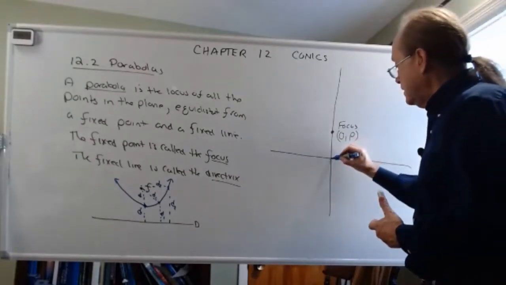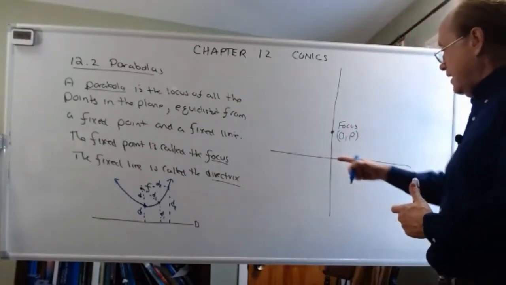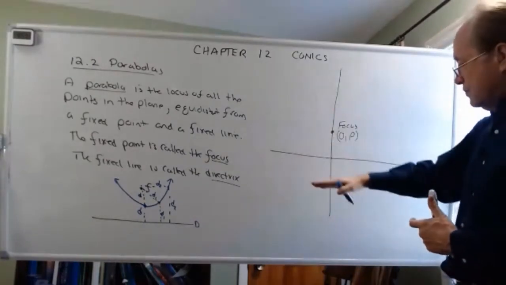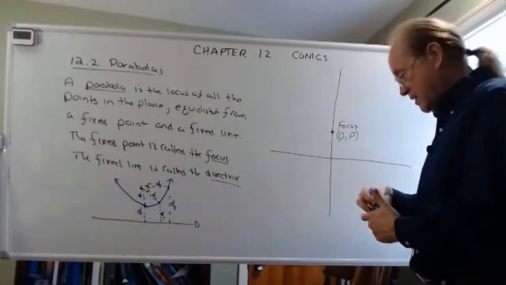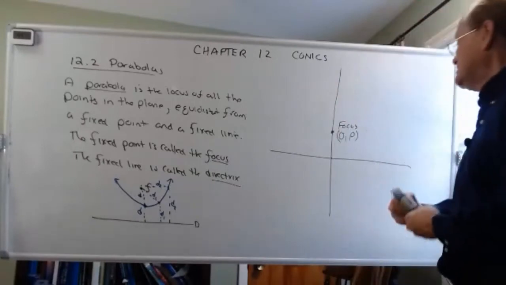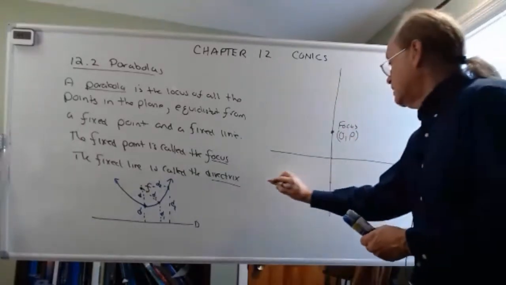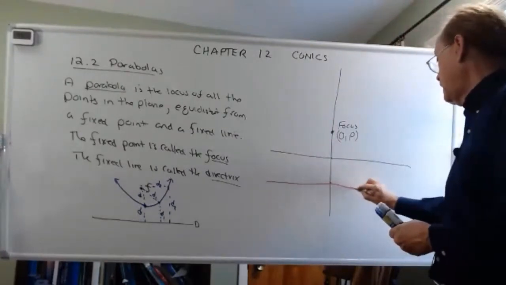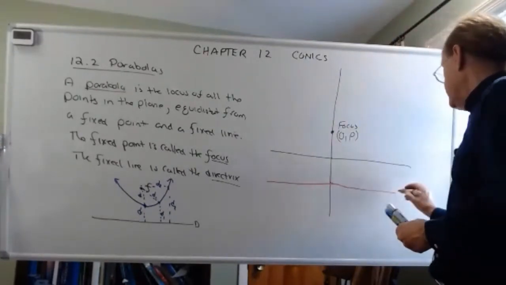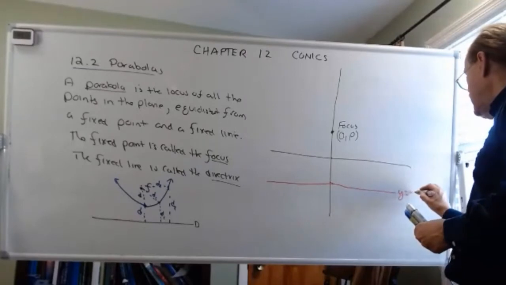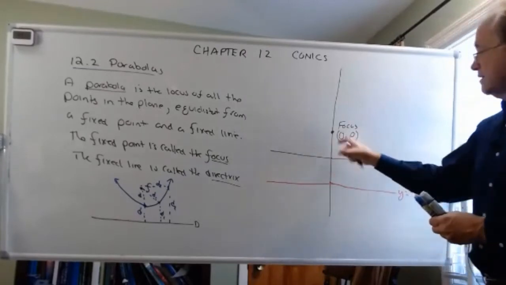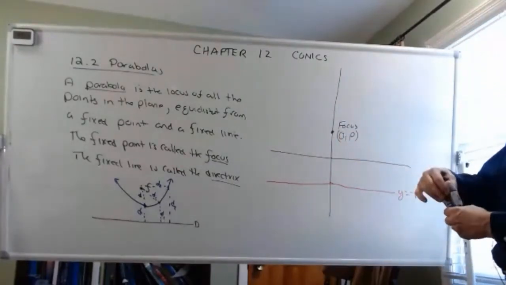So the distance from here to here is p. And then I take a line that goes just underneath that. That's my directrix. And that's also a distance p down this way. And this is y equals negative p, positive p, negative p.